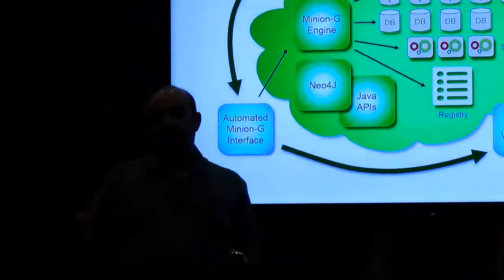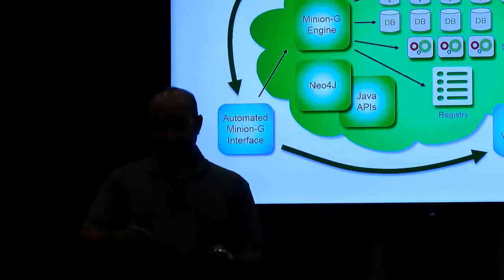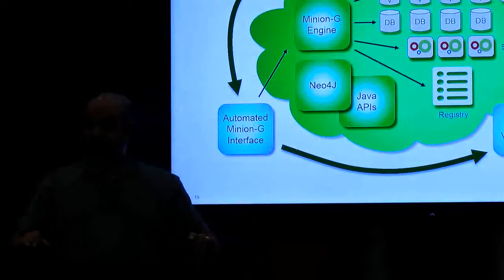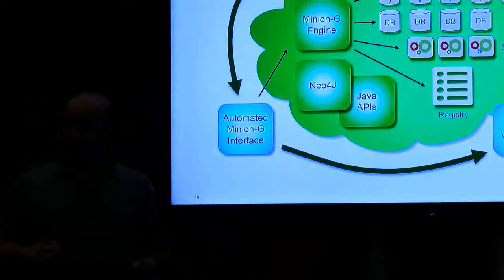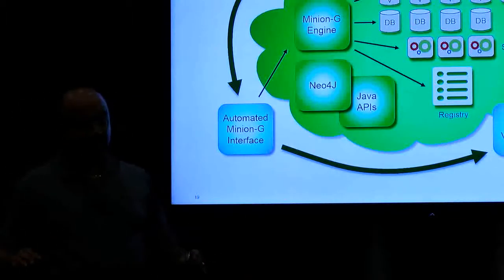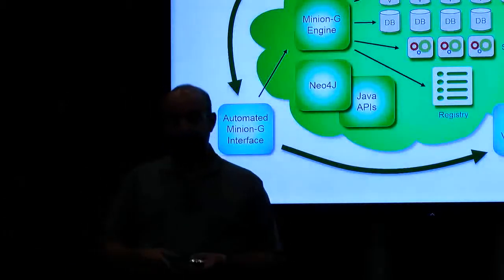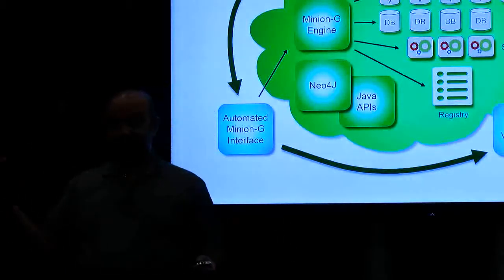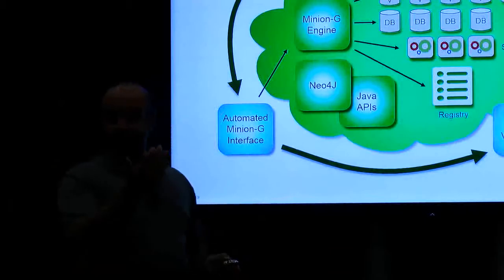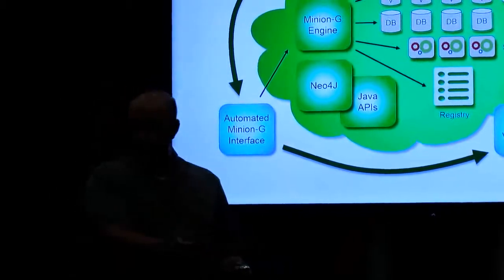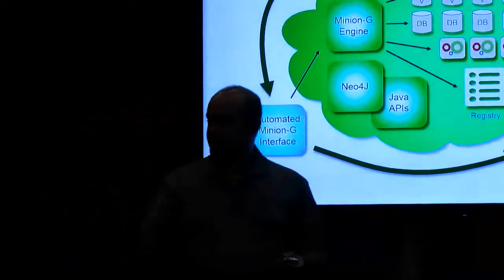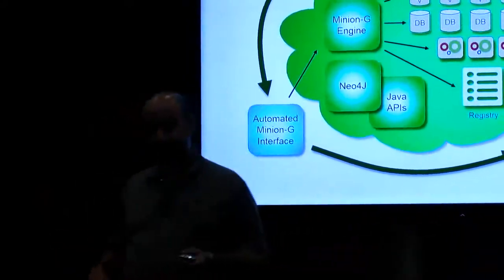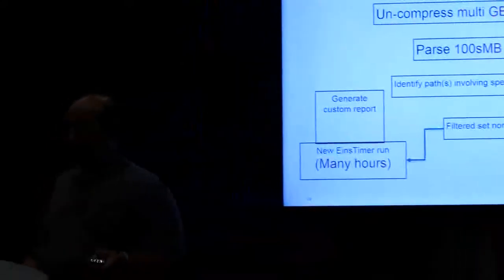All of the data is automatically ingested into a completely self-consistent, hierarchical timing database. We have registries that keep track of where all of the graphs are, where my latest timing results from today are, where those results from last week are, where those results from last month are. So we can do the types of trend-based analysis that my boss was just referring to a few minutes ago.